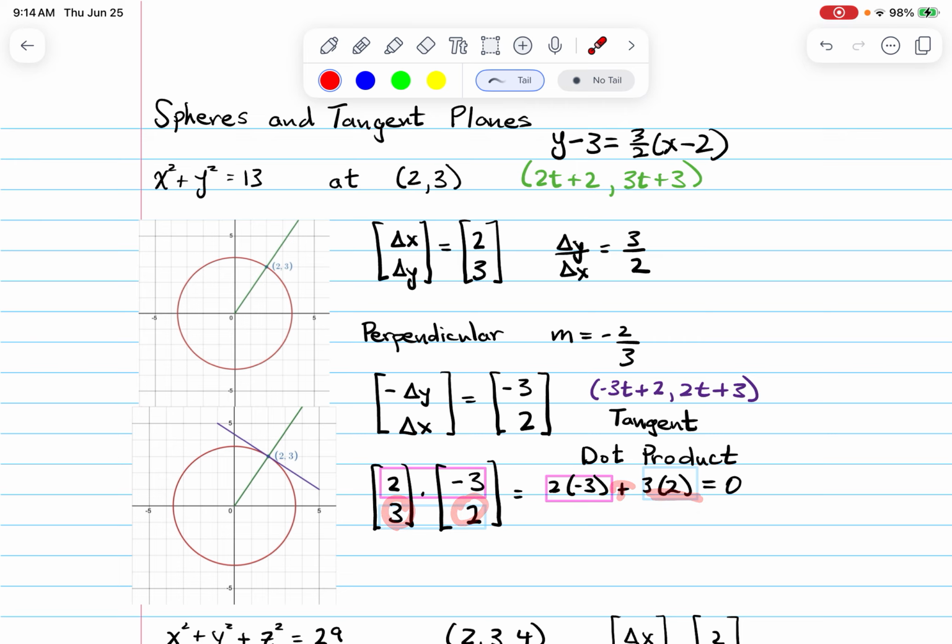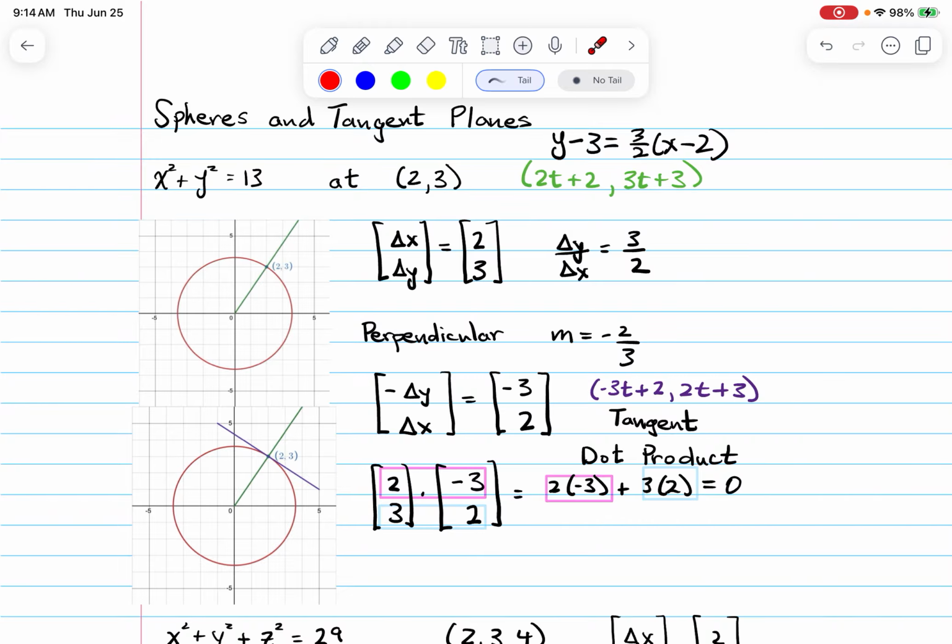So I've got the top numbers multiplied, and I'm adding that to the product of the bottom numbers. Notice when we have perpendicular lines, we get a 0 from that process. That dot product is 0. So it looks one way when we've got a slope, we say negative reciprocal. Well, if we're looking at it with these arrays, we could say the dot product is 0.